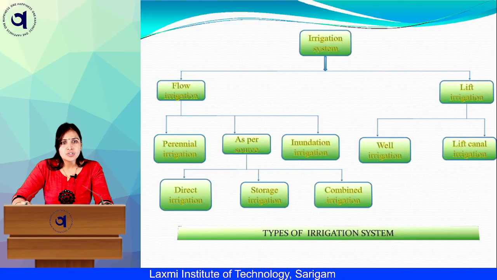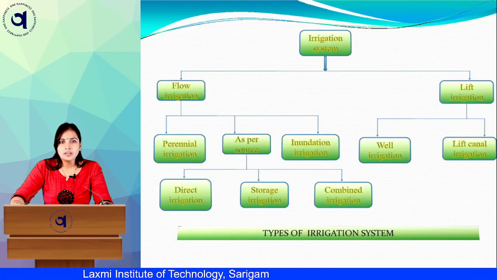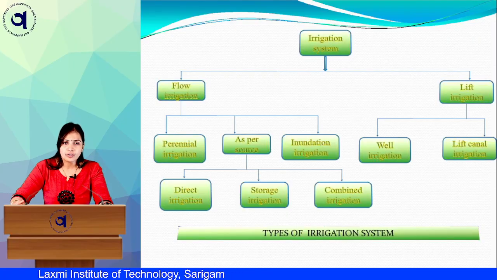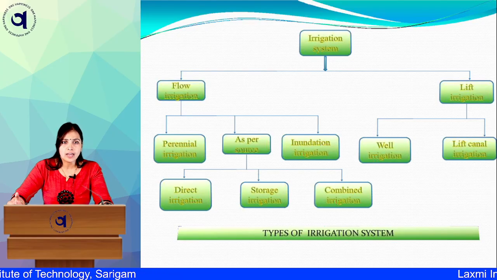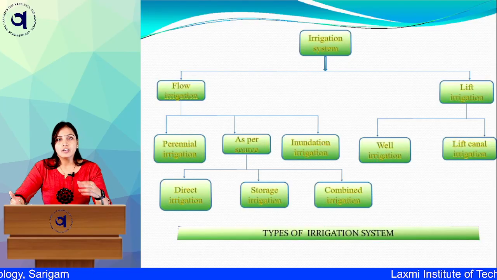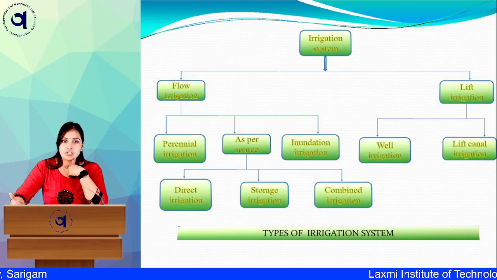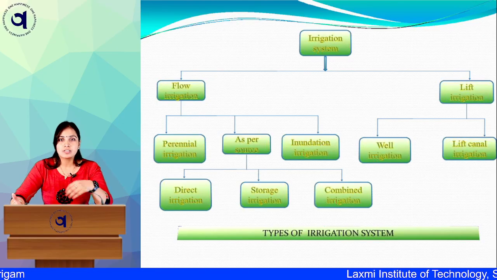Well irrigation means they have a tube well with a pump, a submersible pump, and they are taking the groundwater. Lift canal irrigation means they utilize the water from the canal network, store it in an overhead tank, and then lift it from the irrigation system. So that is the lift irrigation system.